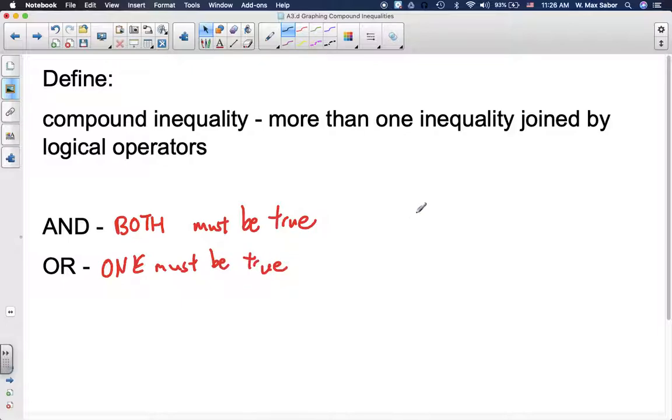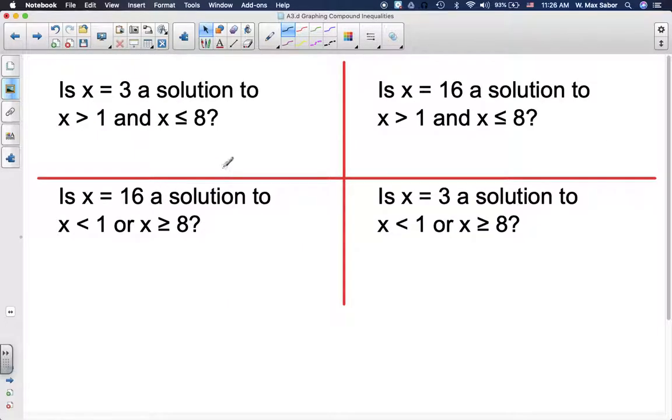So for AND, we're looking at the overlap. What part makes both of them true? Whereas for OR, we'll shade both together, because as long as it makes one of them true, it will make the statement true.